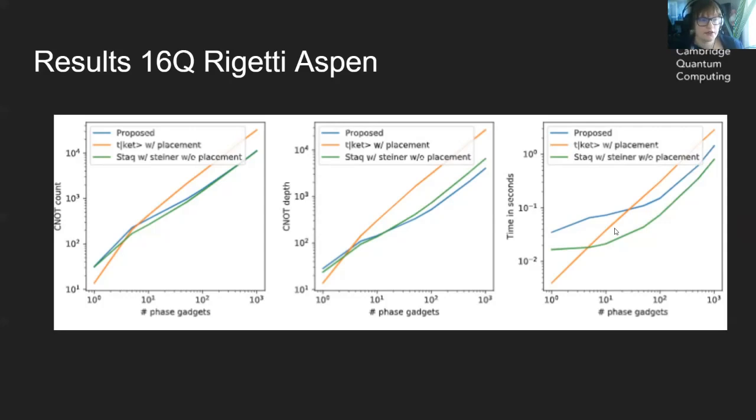Note that Tket's performance is the worst of the 3 in this case. It's because it synthesizes the phase gadgets 1 by 1, so it doesn't have this optimization going on. But the good performance of Tket here in the single gadget case is probably caused by optimal placement, because Tket's really good at that.